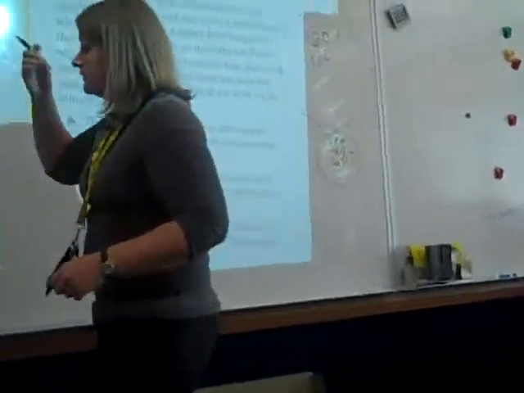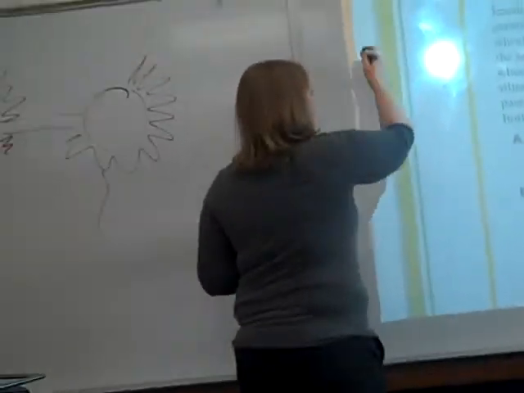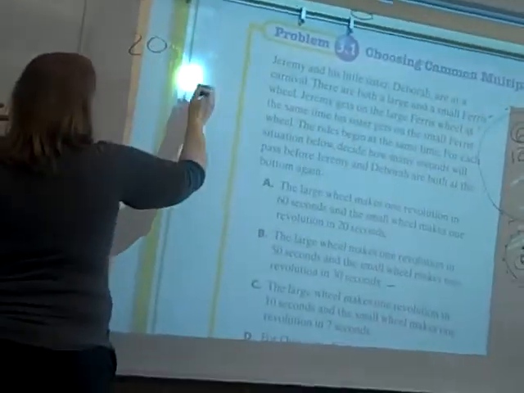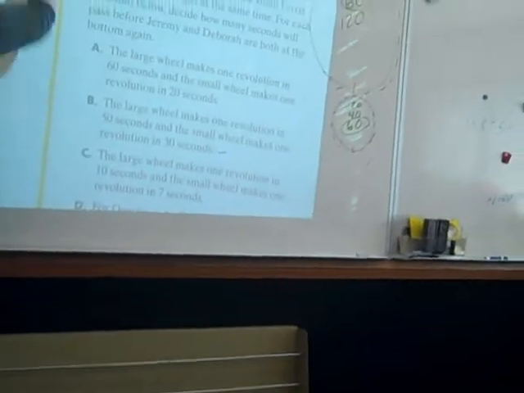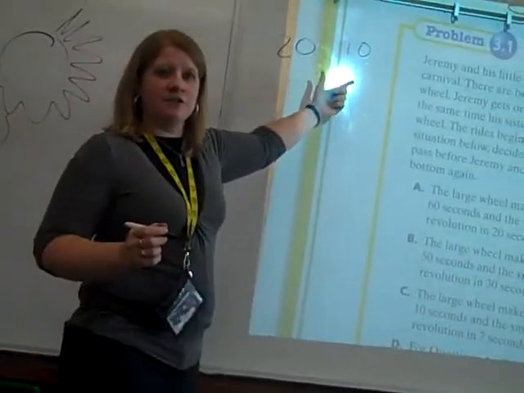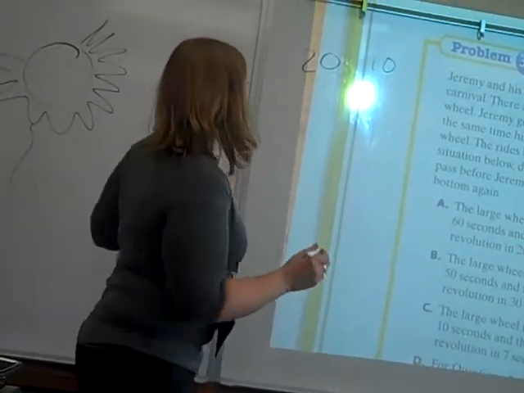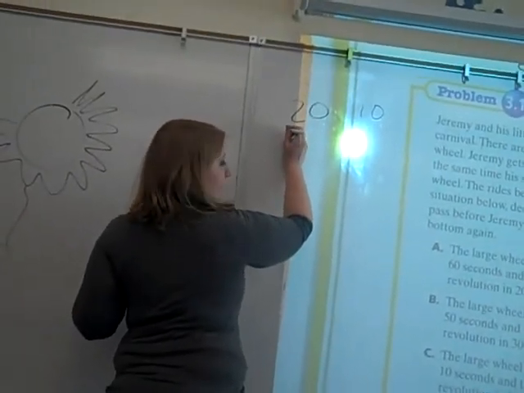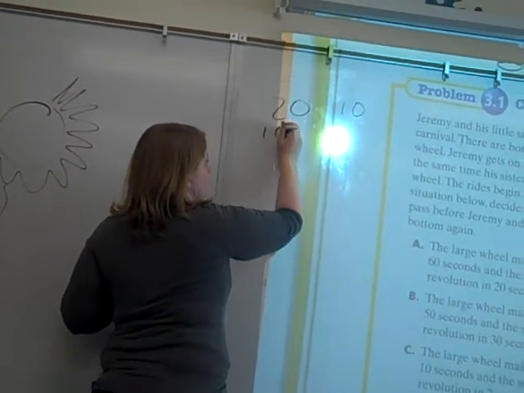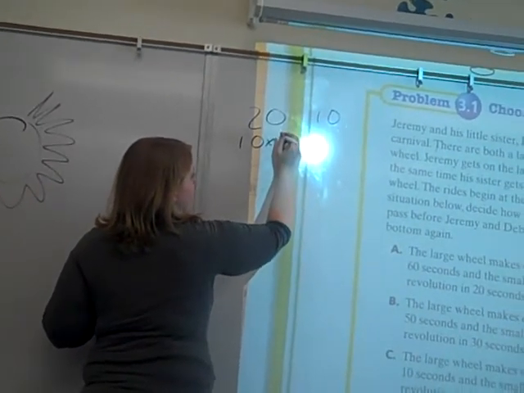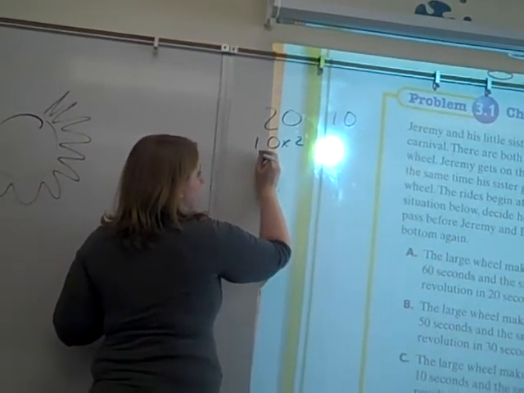Common factors are basically when we've got two different numbers, say 20 and 10. Their common factors are the numbers that are factors of both of these numbers. So what are the factors of 20? 10 and 1. 2. Okay, what else have we got?